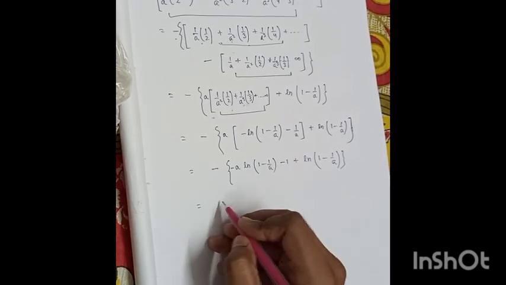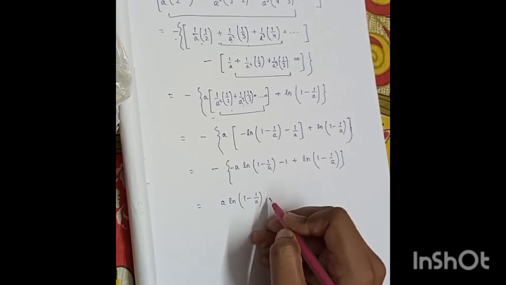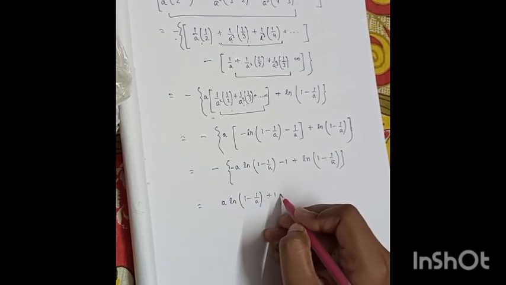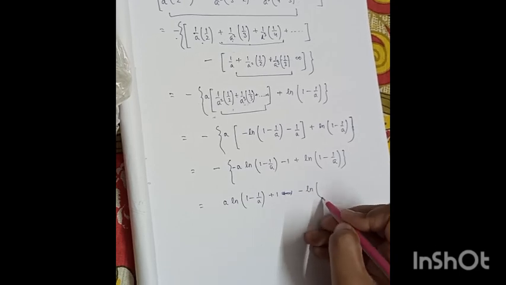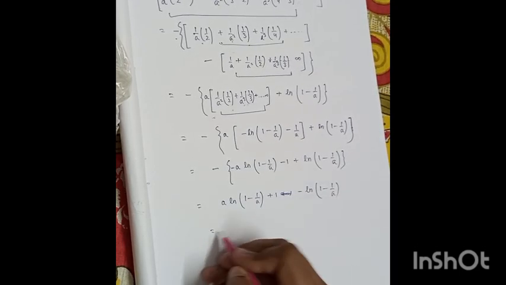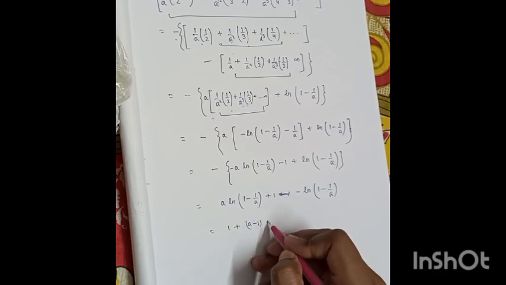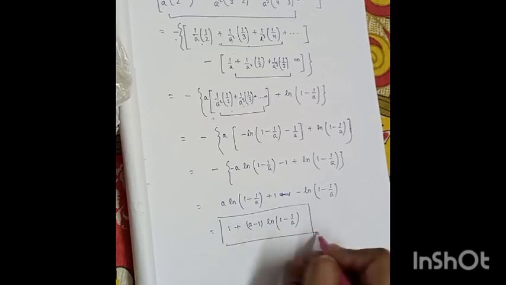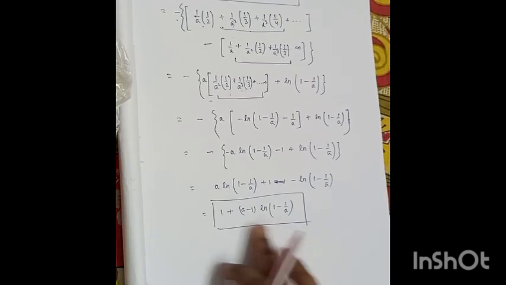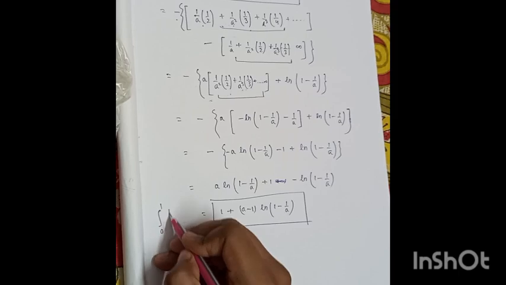So if we simplify this expression, this will become a log 1 minus 1 by a plus 1, sorry, there will be a minus, and then minus log 1 minus 1 by a. So simply it will become 1 plus a minus 1 log of 1 minus 1 by a. So we have derived the expression for a general a.